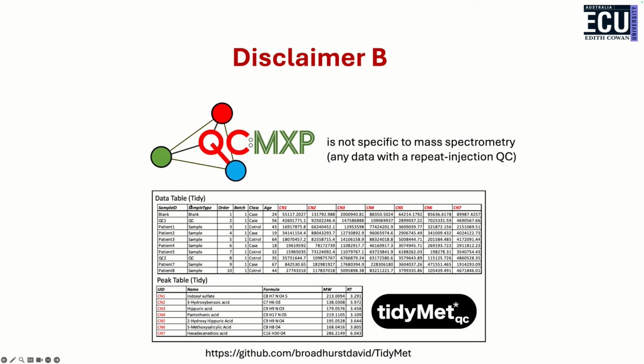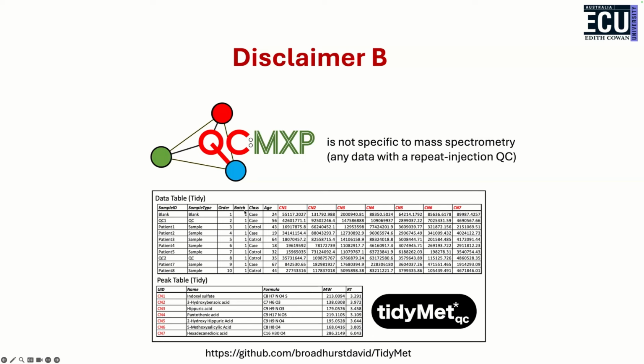But it's basically a two-table system, a linked table, where we have, in this case, C18 negative data. We've got the first 7 metabolites listed here, and these are the peak areas. Then each sample will have a sample ID, a sample type, whether it's a test sample, a QC, or a blank, the order of its injection, and the batch that's injected.